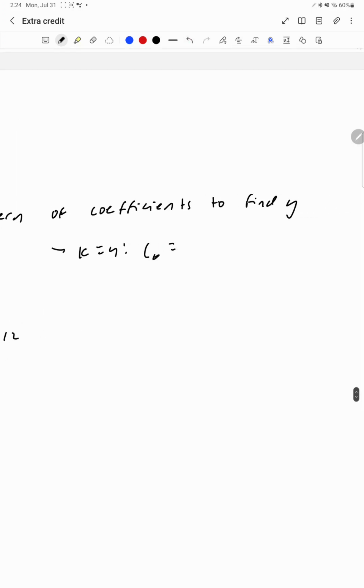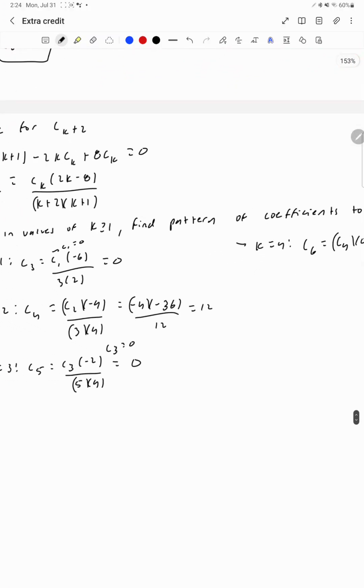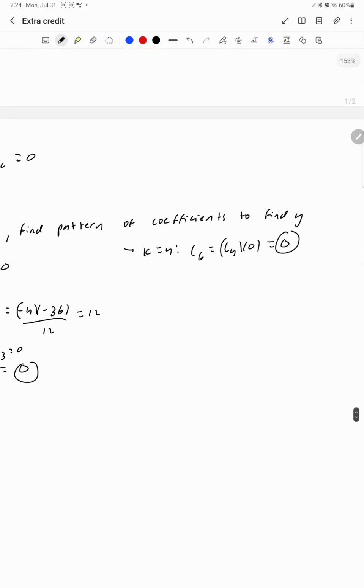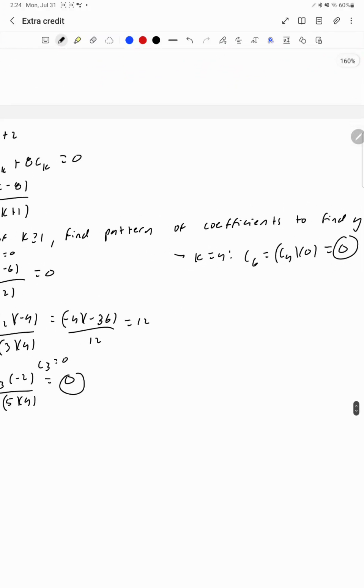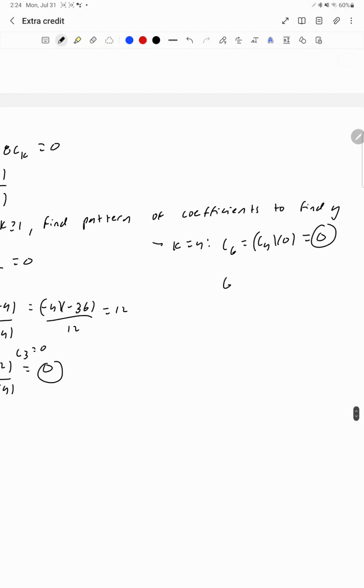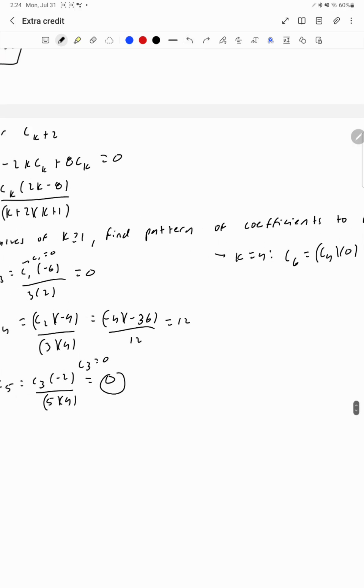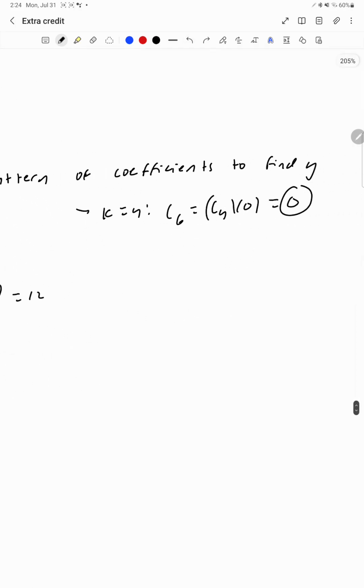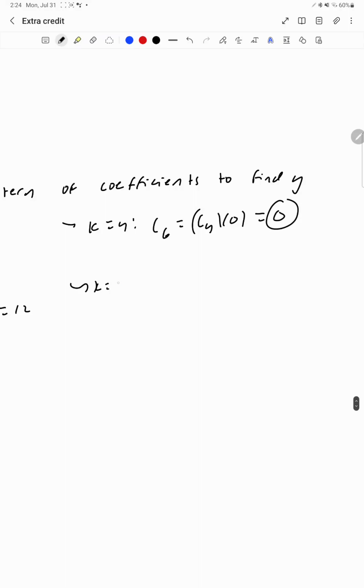So that equals c6, c4 times 0 equals 0. As you can see, we already have a pattern of 0 going on, because as you keep going, c7 equals c5 times 0, and c5 is 0, so it's just going to keep equaling 0.